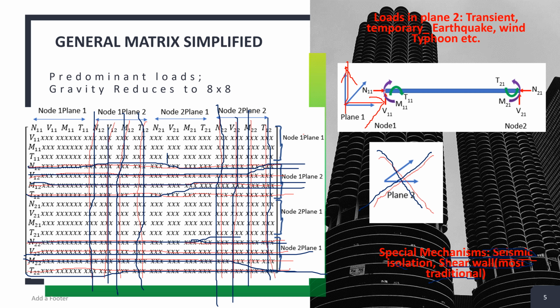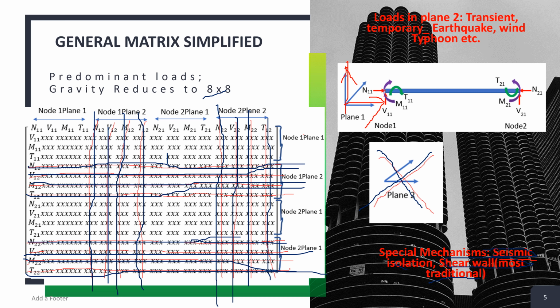In both horizontal and vertical matrices, we assume that the horizontal loads do not exist, and you can see how we reduce the 16 by 16 matrix to 8 by 8.